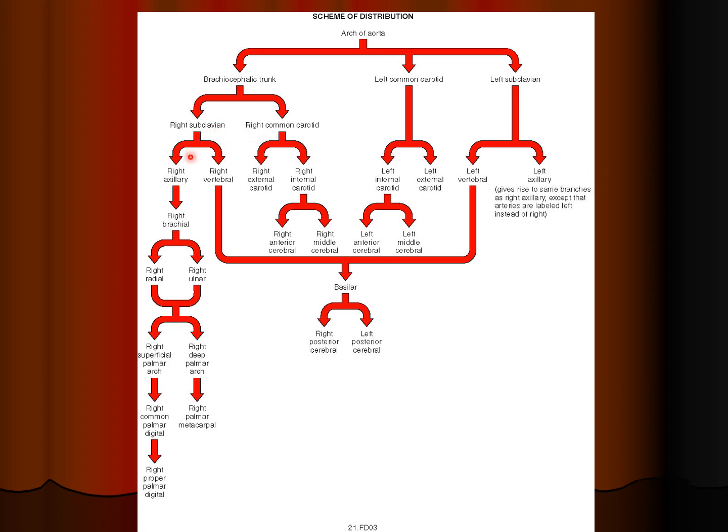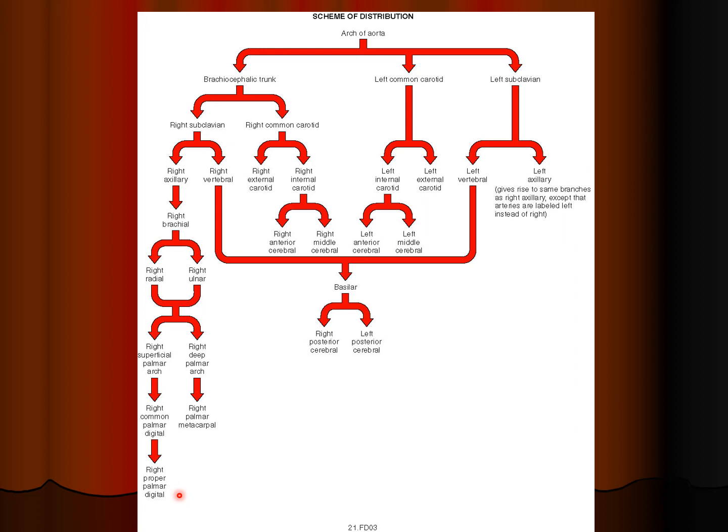The right subclavian will continue as axillary. Axillary will continue as brachial. Brachial will divide into radial and ulnar. Radial and ulnar will again divide into superficial and deep branches and form the superficial palmar arch and deep palmar arch. The deep palmar arch will supply palmar metacarpal branches and branches to the index finger, lateral side, and thumb. And the superficial palmar arch will give common palmar digital branches and proper palmar digital branches to the medial three and a half digits.